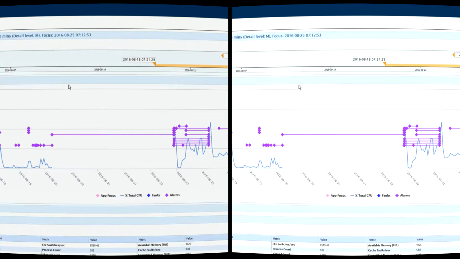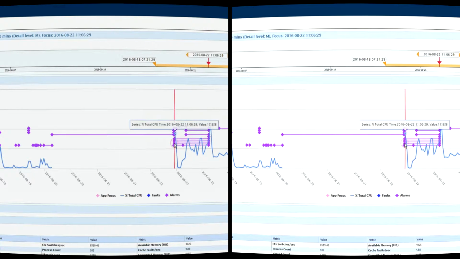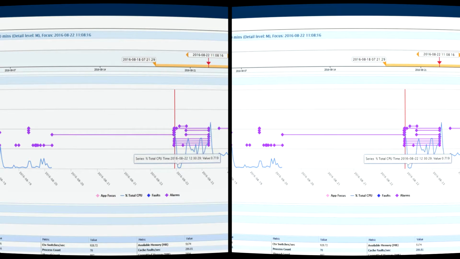This is where we are able to, at a single point in time or over a period of time, understand exactly what was going on a server, as well as start to see these dots and lines and trends appear that signify if there's been some kind of metric breach or application fault. We can then drill down onto a particular one of these to understand from a resource and user perspective what was going on the server at that particular point in time.